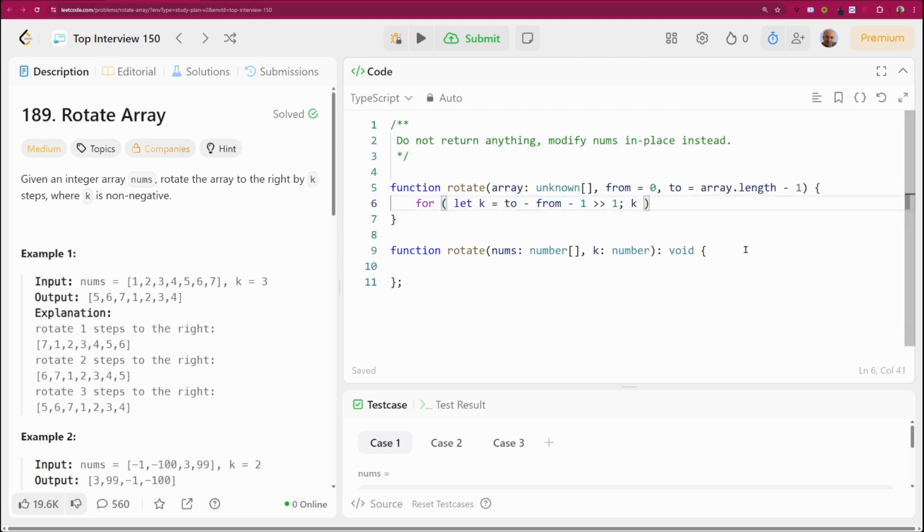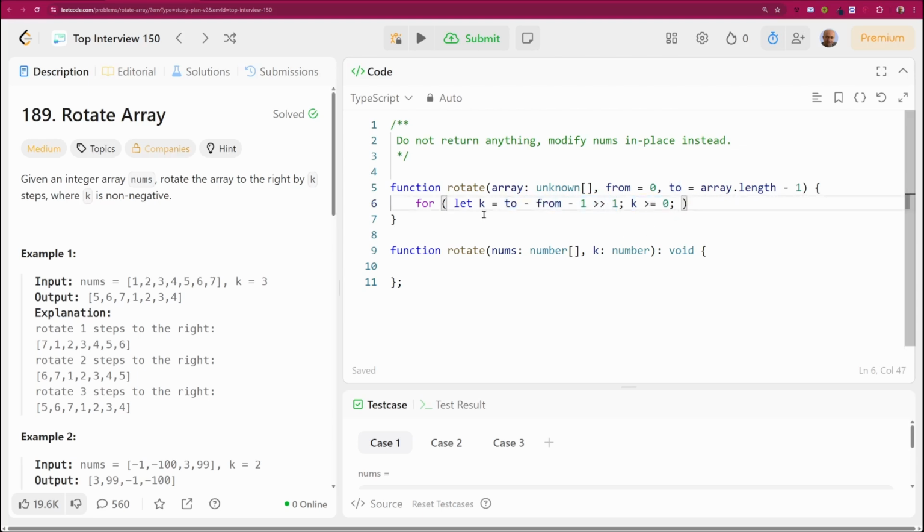So our offset would be from, basically, I'm going from 0 to this number, but I'm going in the opposite direction, which is fine. Instead of k running from 0 to this, k will be running from this to 0.